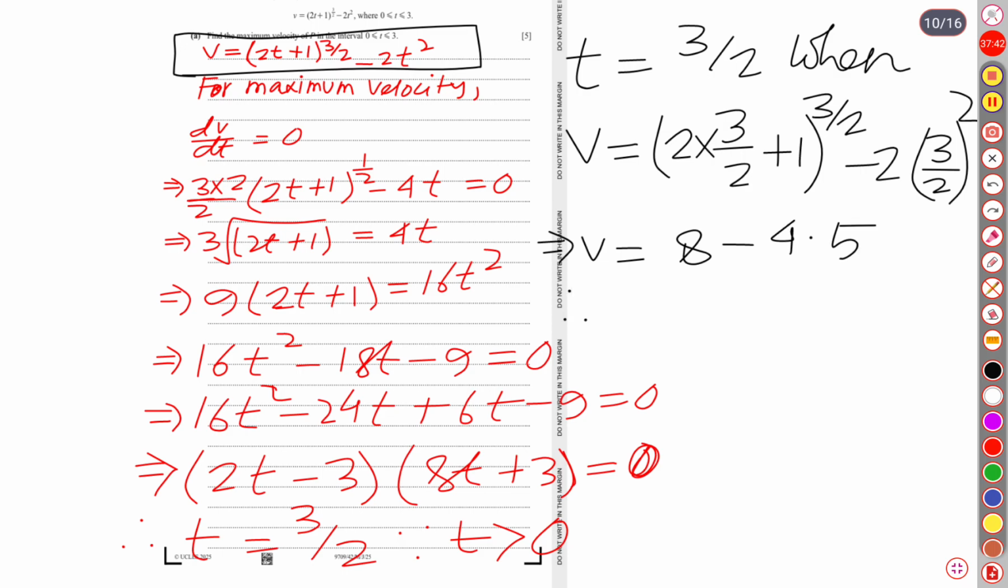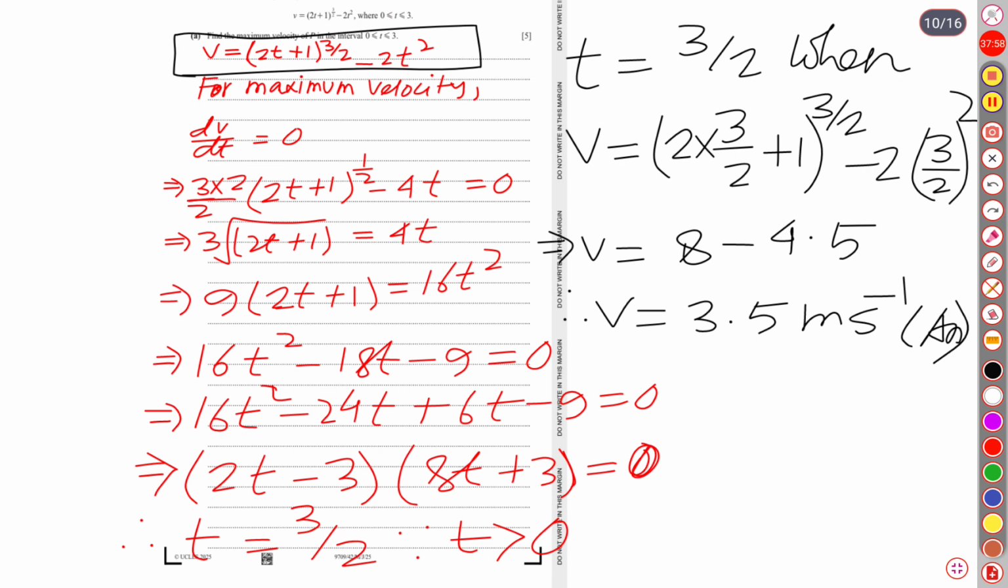Hence our velocity is going to be 3.5 meters per second when the time was 3 over 2 seconds.